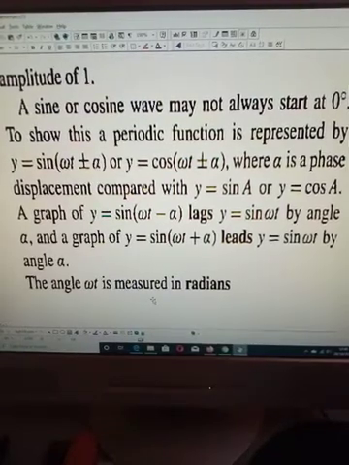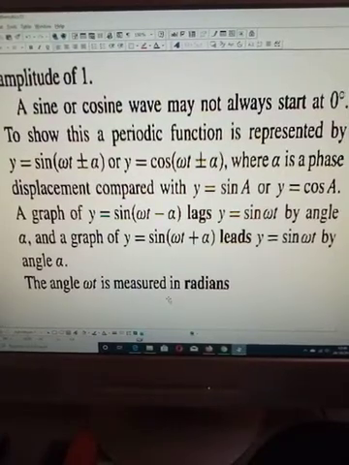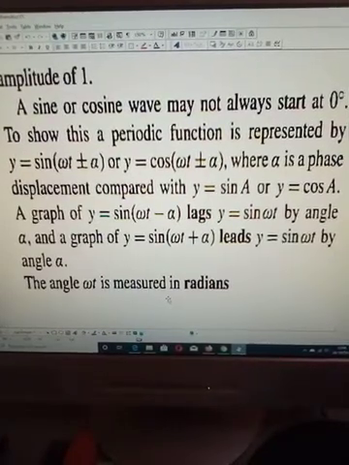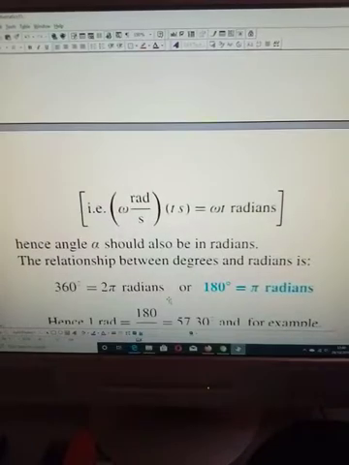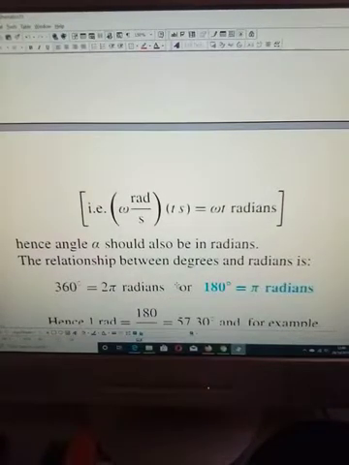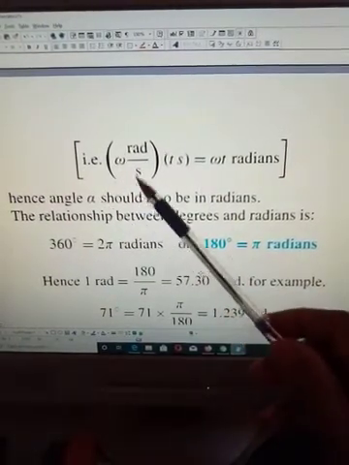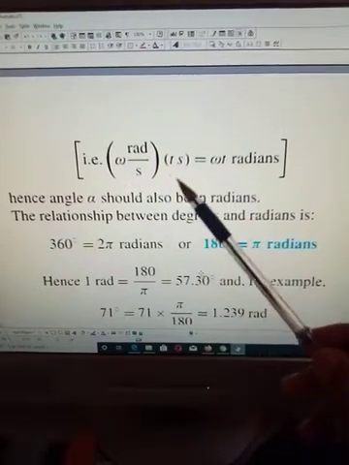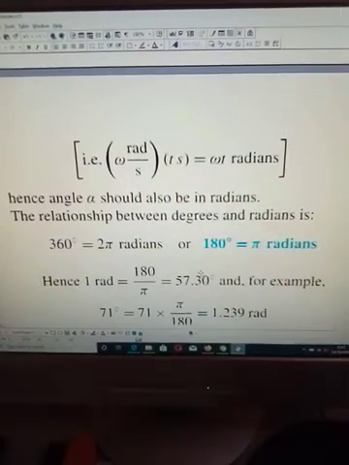Now the angle omega t is measured in radians, so again make sure you know how to convert degrees to radians. As we put it here, i.e. rads per second times t seconds equals omega t radians. Hence angle delta should also be in radians.